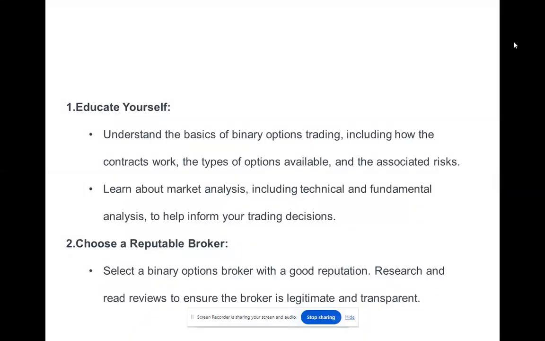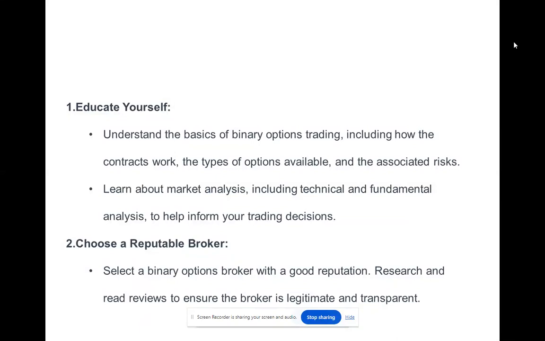The one I'm using currently is Pocket Option. In some of my YouTube videos, I also like to use IQ Option. Before I use a broker, I must check the reviews to see if they are legitimate and transparent, and I must also check if they operate in my country.